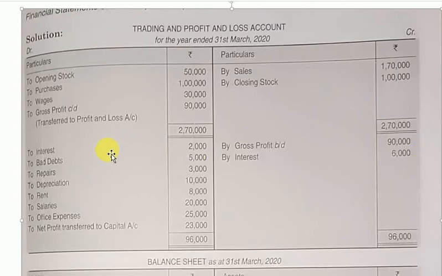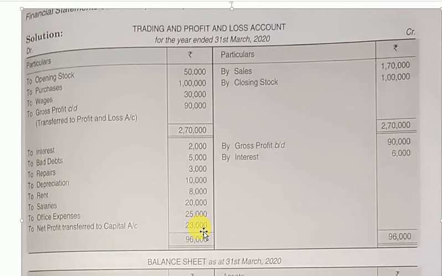And the expenses here are bad debt, repairs, depreciation, rent, salaries, office expenses. After recording all these expenses and the incomes, the difference will be the net profit. So net profit is your 23,000.